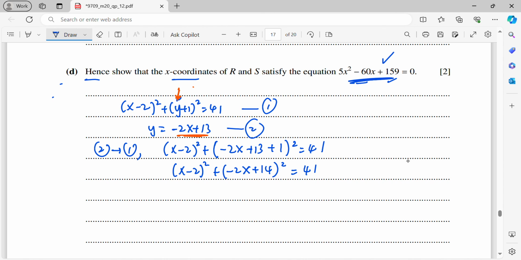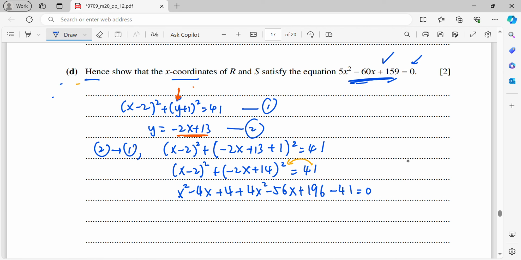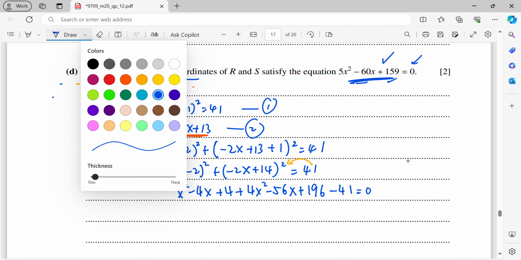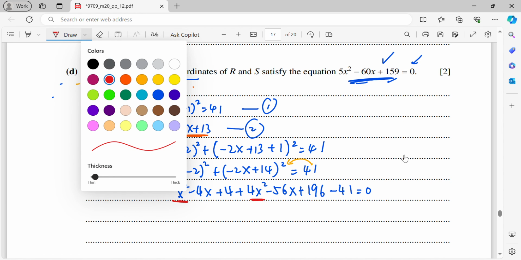And now, just get a quadratic equation. So do expansion, it will be x² - 4x + 4. Then the second expansion is plus 4x² - 56x, then plus 196. Okay, and now you need to get 0 on the right side. So it means that this 41 will be moved to the left-hand side. Then I will get minus 41 equals to 0. And now, when you simplify, x² plus 4x², that is 5x².